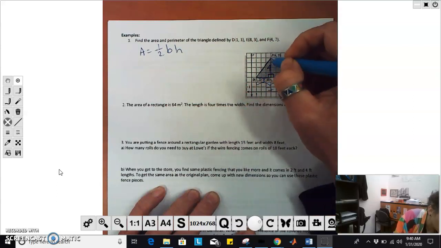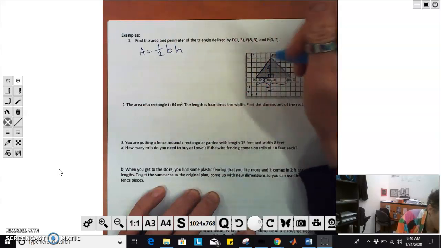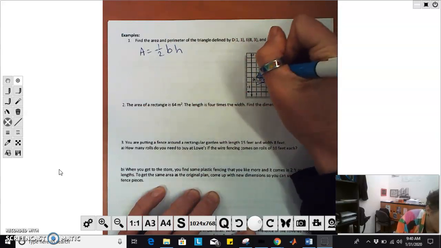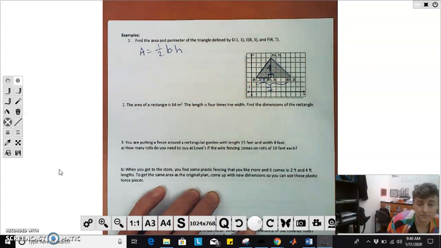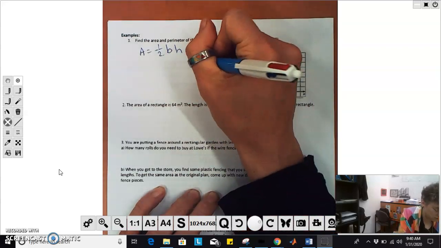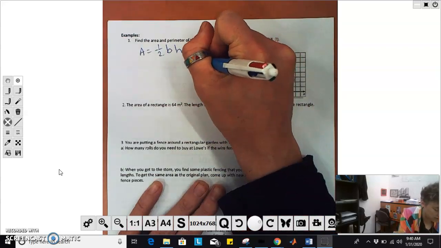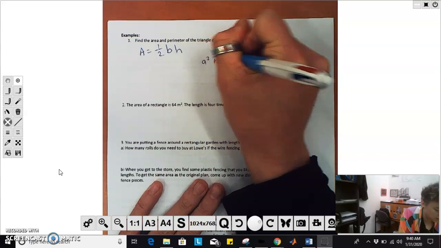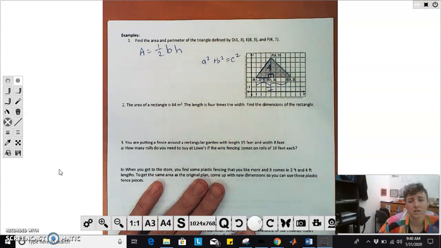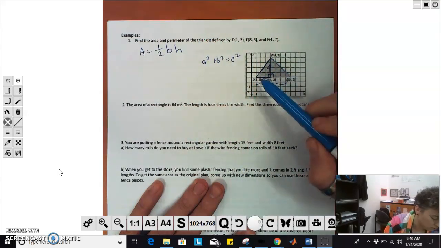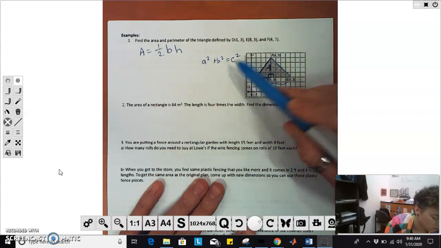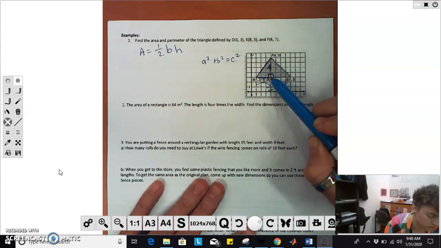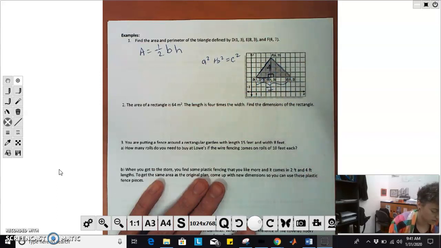We know that side is 4 units, and we can use that to find the length of that side. So let's remind ourselves quickly. Pythagorean theorem is a squared plus b squared equals c squared, where c is always the hypotenuse, the long side of the triangle.